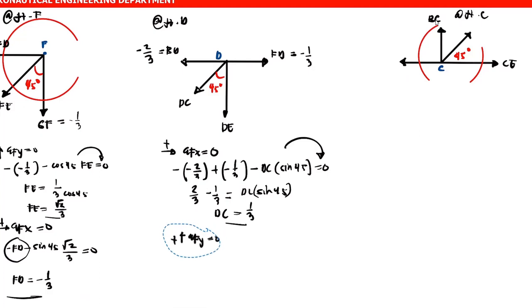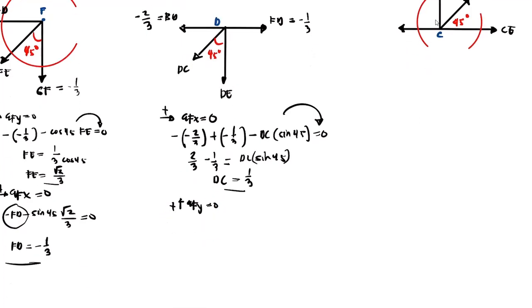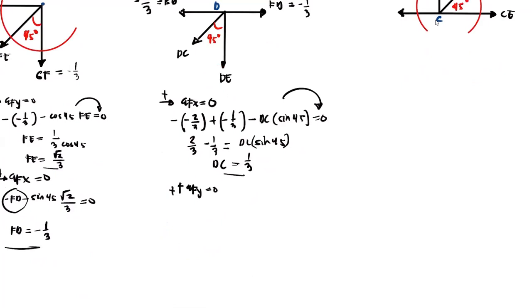Okay, next is summation forces Y. Going up is positive. We have DE. Okay, negative DE minus cosine 45 DC, which is 1/3, is equal to 0. So DE is equal to negative square root of 2/6.